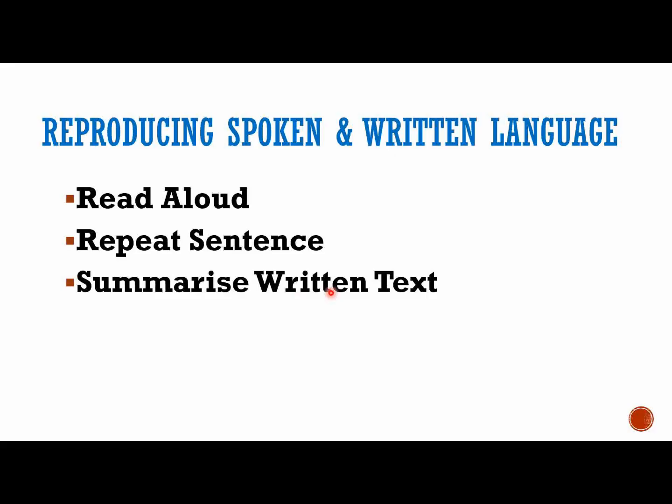So this is the way how you can check your reproducing spoken. If your blue line is not completed or it is less than half, it means you have a problem in read aloud, repeat sentence, or you might have a problem in summarize written text also, because sometimes when you are in a hurry then you can make mistakes in these modules.